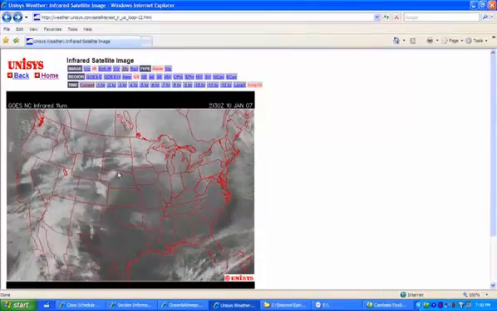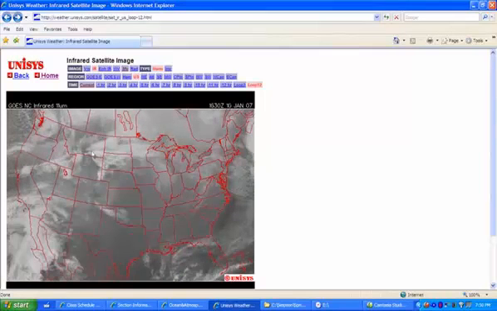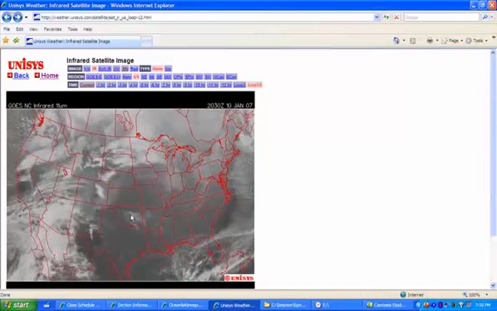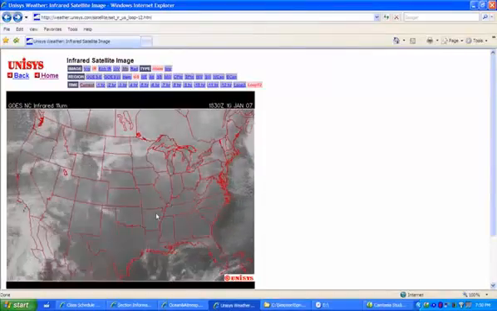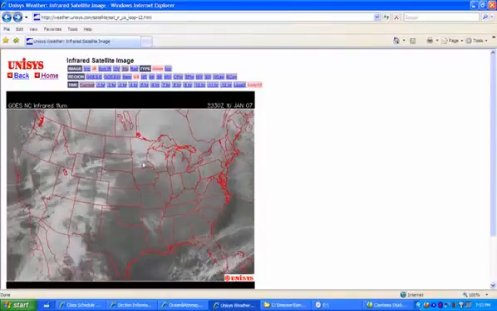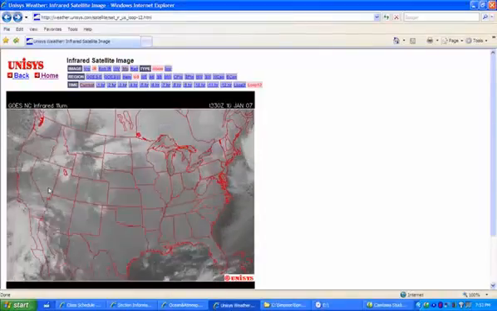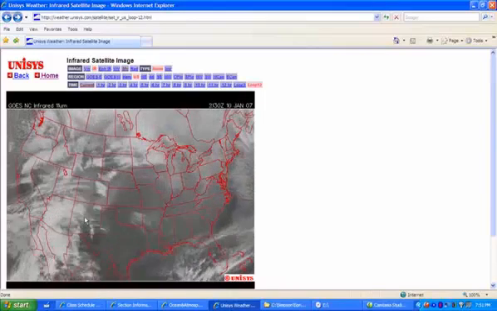And so the higher clouds are typically indicative of colder clouds, and these lighter colored clouds here are probably what we would call low to middle clouds, because they're not as white as these here that I'm showing up here in the upper Midwest, or certainly not as white as the clouds we see down here in the desert southwest.